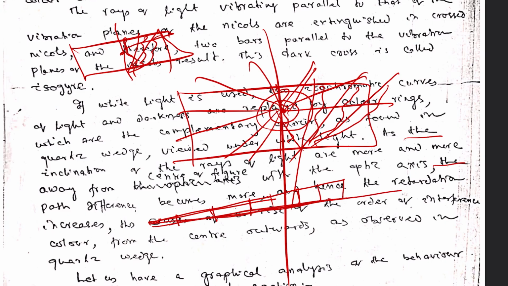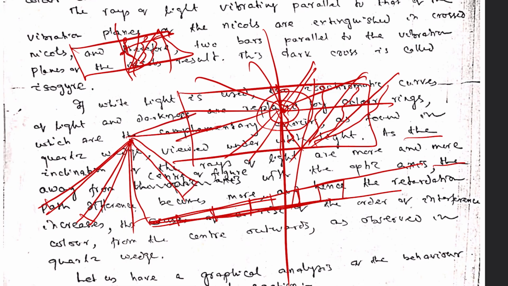So it appears as if the light rays are passing through quartz wedges, and these quartz wedges are symmetrically placed with their center at the optic axis.